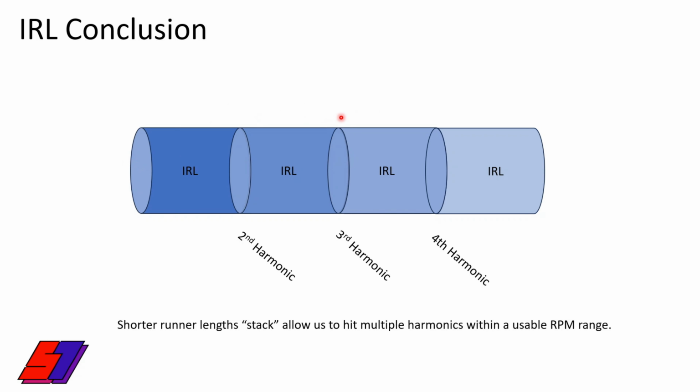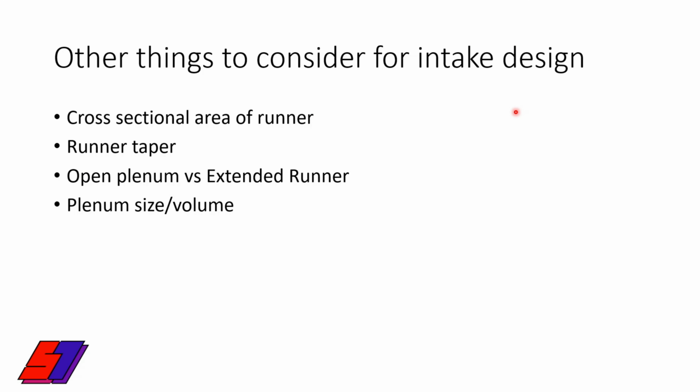We can deal with multiples when we have a shorter one. So those harmonics can stack. Whereas if we just have one long one, we kind of lose that; those harmonics spread out over a longer RPM range.